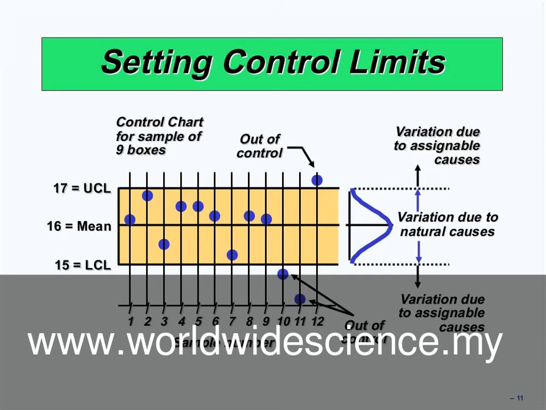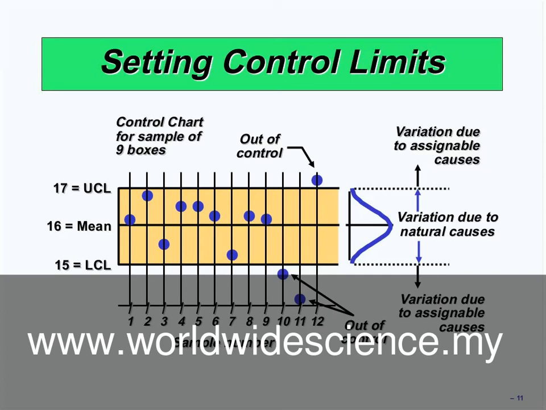Also x bar should be drawn. X bar, as you remember, was 16. X bar, or the mean of the means, is 16 ounces, or grams, or kilograms, no problem: 15, 16, 17.